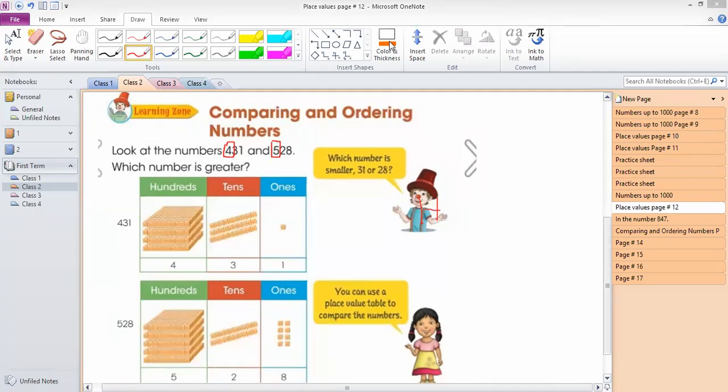So guys, on page number 12, this is the topic comparing and ordering numbers, and here we are learning how we can compare two values. Again I repeat, first you will compare the hundreds. This is 4 and this is 5.